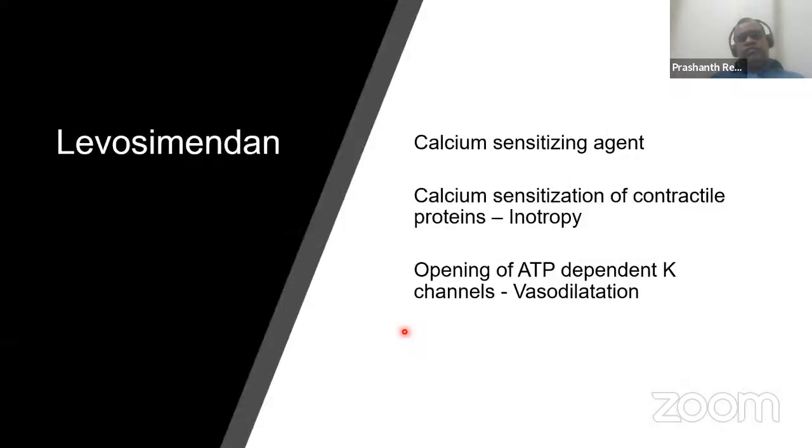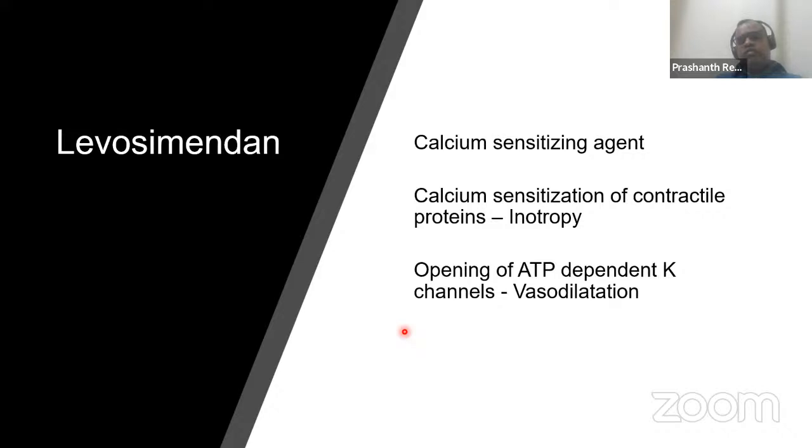The other agent which has shown some promising results was levosimendan. It is a calcium sensitizing agent. It sits on the troponin C, and it sensitizes the troponin C and actin myosin complex to the calcium which is available. So this leads to positive inotropy.